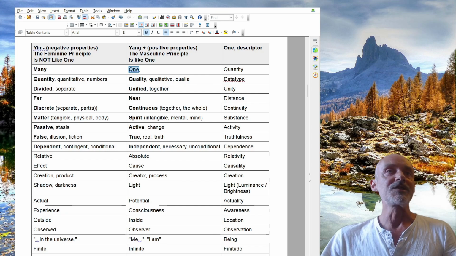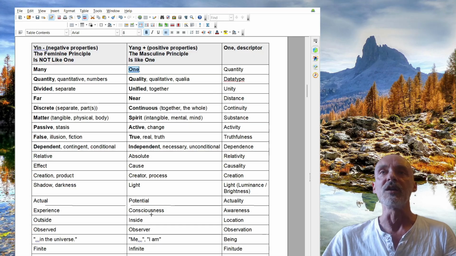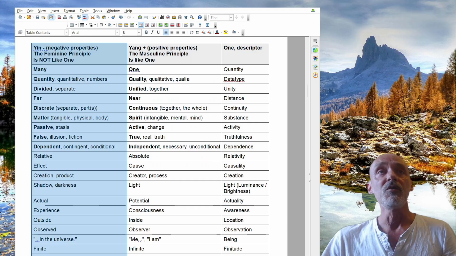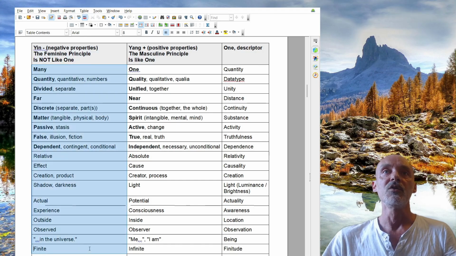So hopefully you can see how these concepts begin to correlate together. And when you do so, you find more descriptors to explain the thing that you're trying to understand. So if we want to understand consciousness, we can look at all of the properties in the yang category, and it will tell us what consciousness is like. If we want to understand matter, then we look in the yin category, and we can correlate it with all of these things.